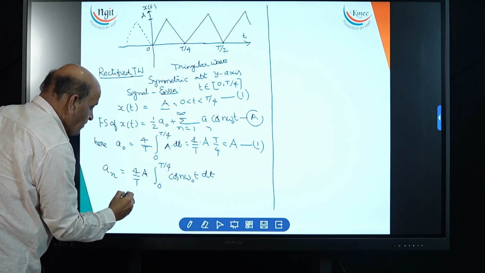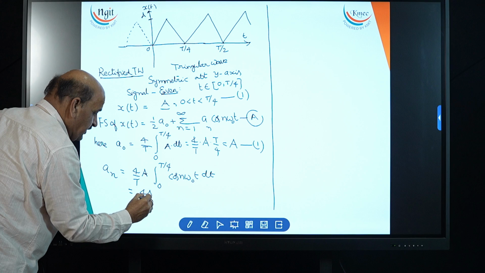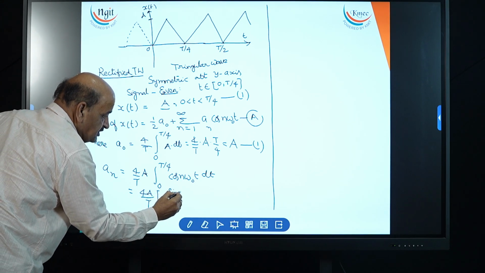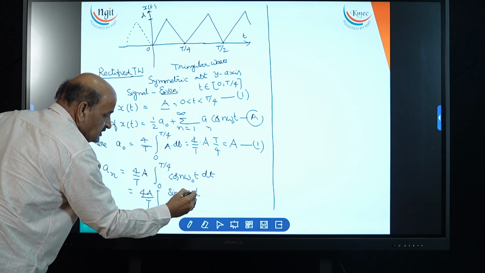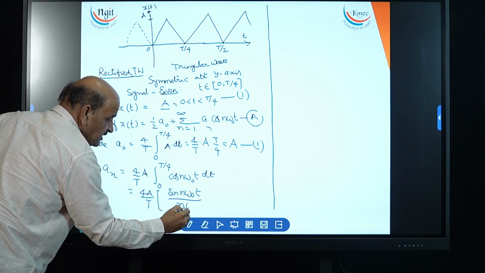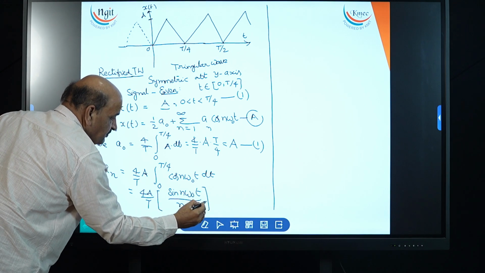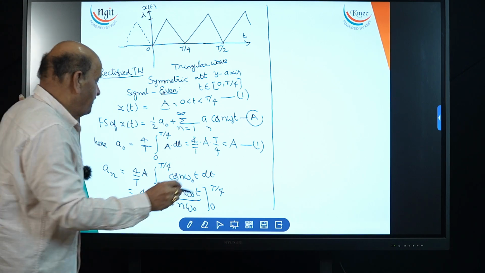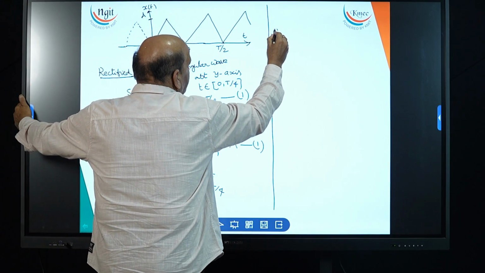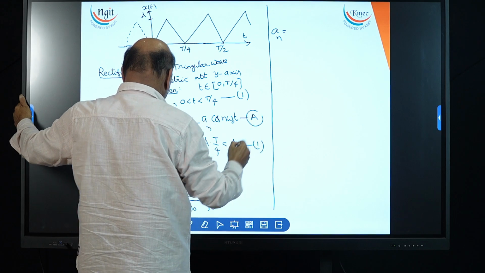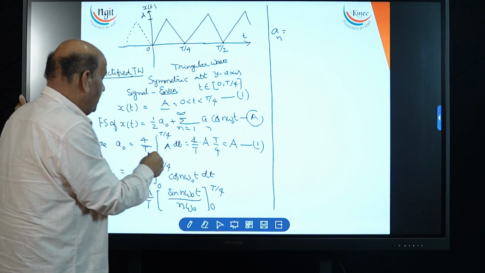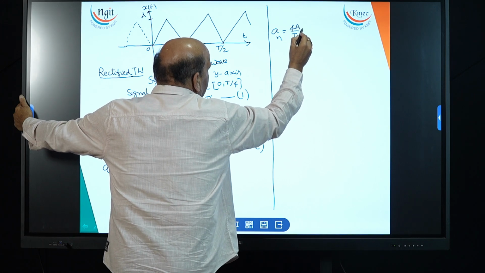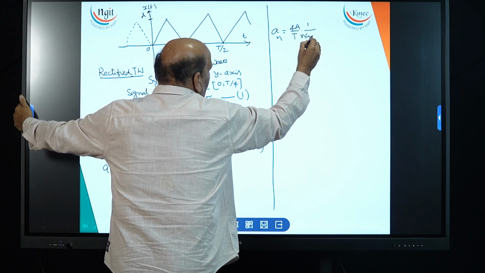So this is equal to 4A by T into, for cos, integration gives sin n omega naught t by constant n omega naught, between 0 to T by 4. Therefore, an is equal to constant 4A by T into 1 by n omega naught.